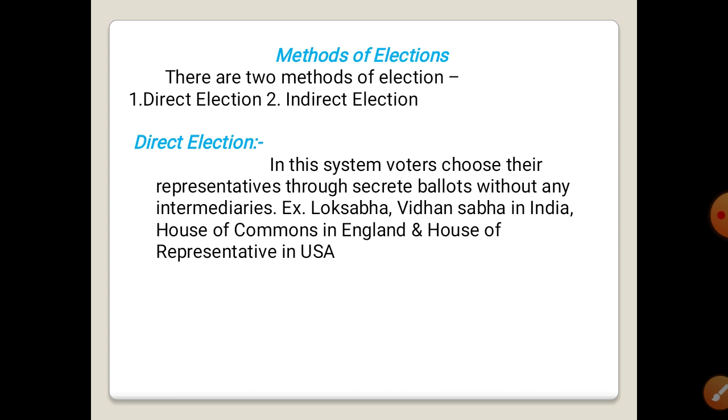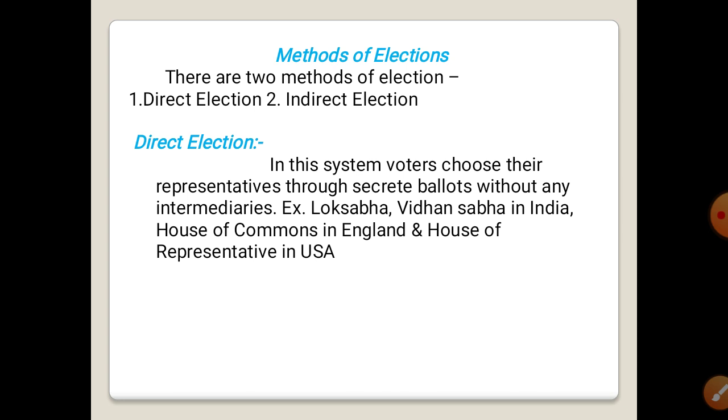So what is direct election? A question may be asked for 2 marks. What is direct election? Direct election is the system where the voters choose their representative through secret ballot without any intermediaries. Voters directly cast their votes for their representative.